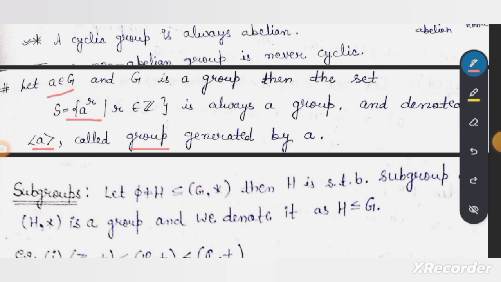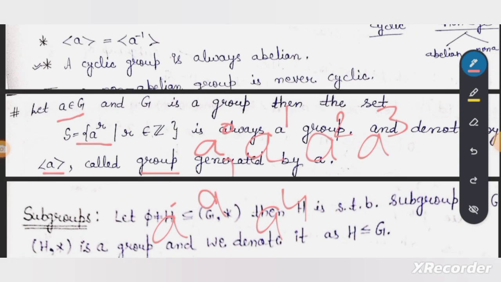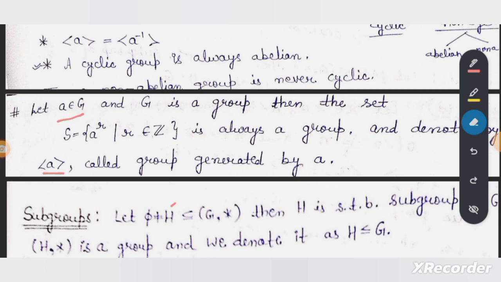Like in this set: A to the power 0, A to the power 1, A squared, A cubed, A to the power 4, A to the power minus 1, A to the power minus 2. All those integer powers of A will be included in this set. So this is called the group generated by A.